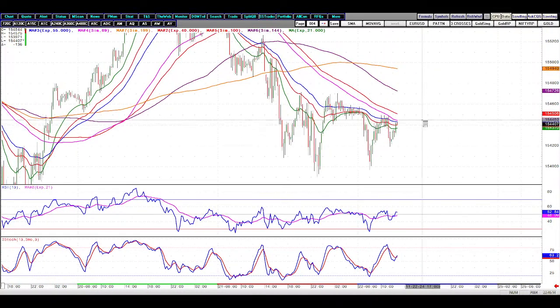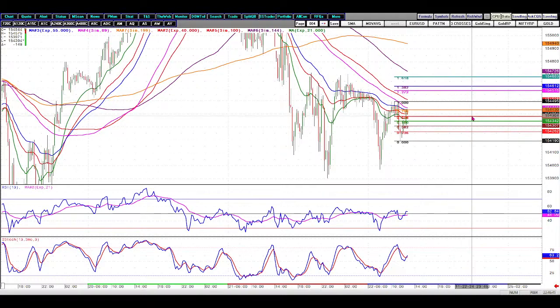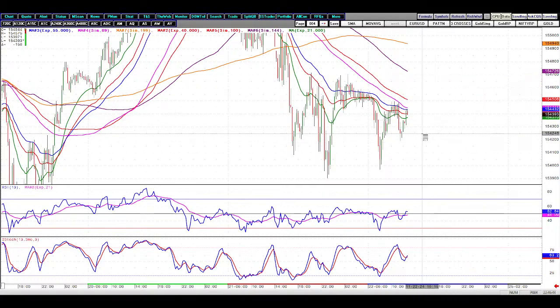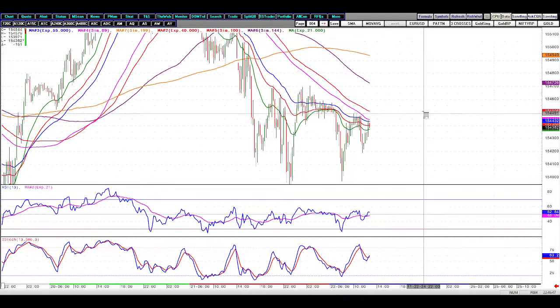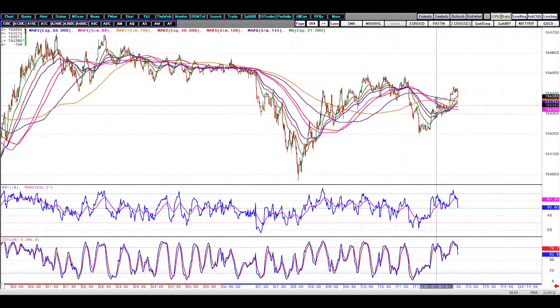So now there are two possibilities we can look into. One is we can see an extension of this if strength persists. That means maximum we can see is 154.60 or 70. Anywhere we should see the price moving higher, then eventually it should start to turn down. And on the other hand, let me give you a 1 minute chart.